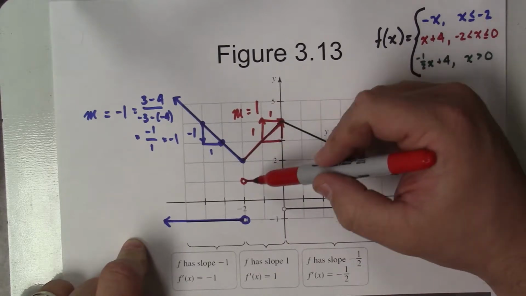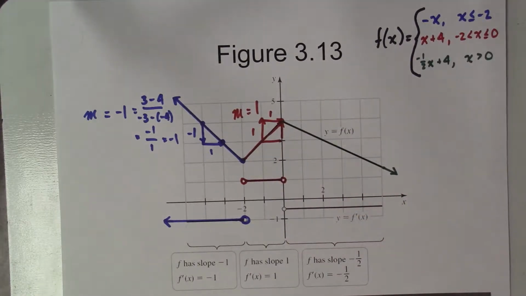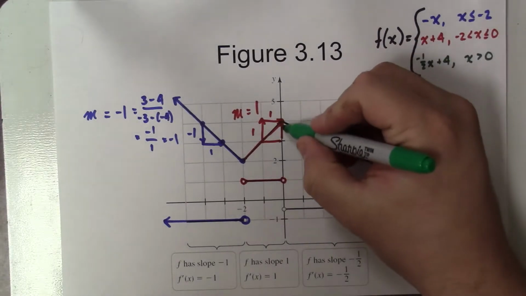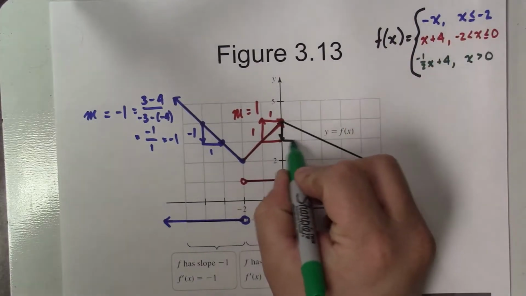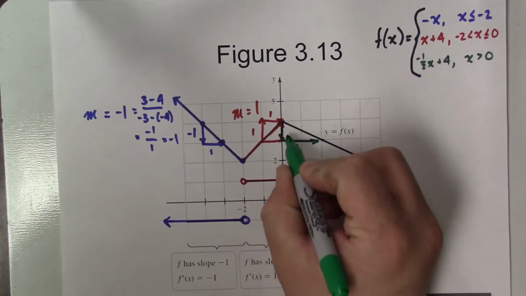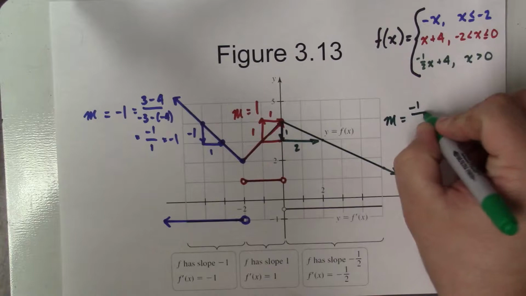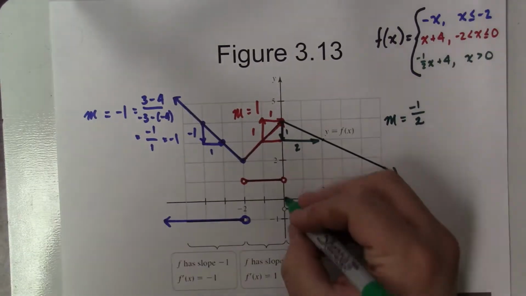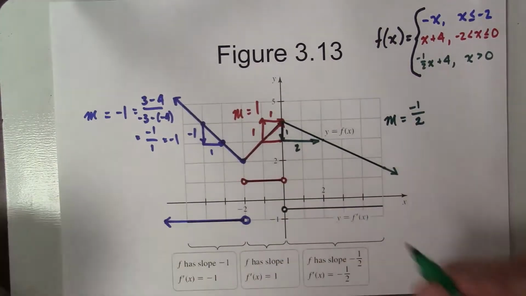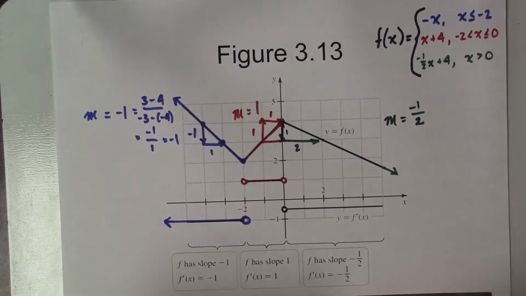All the values in here have a slope of +1. And last but clearly not least, I go down 1, right 2. So the slope of this green segment is -1/2. And I can graph it just like we did the first couple.